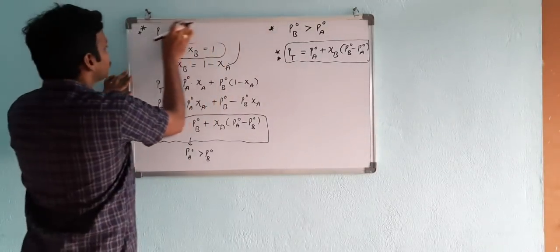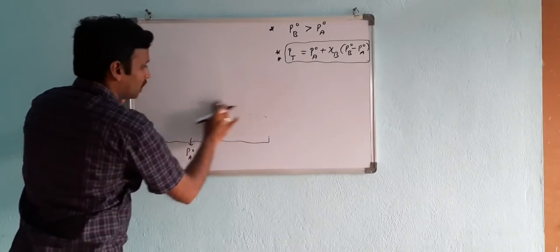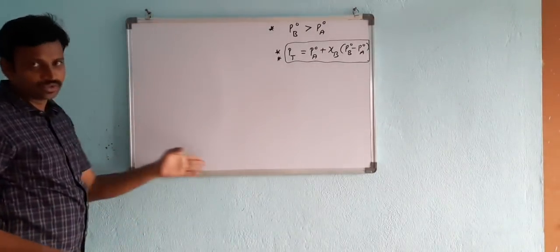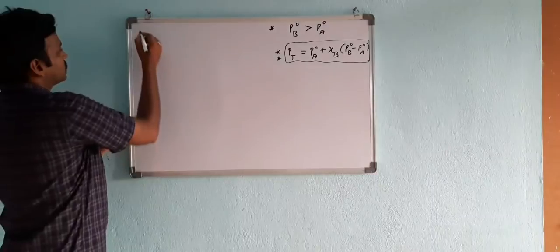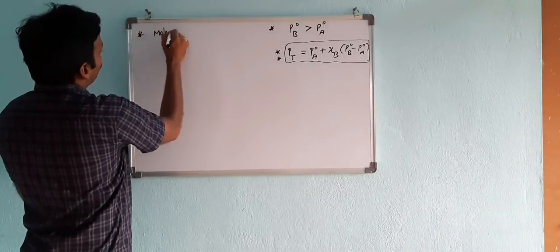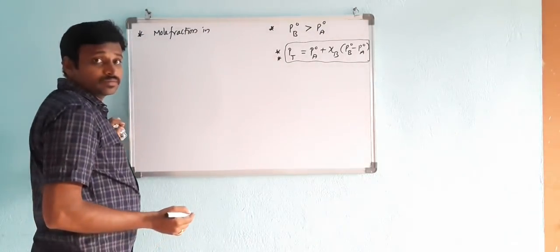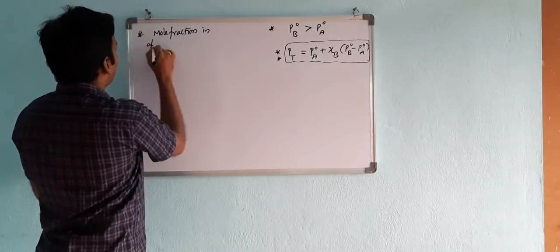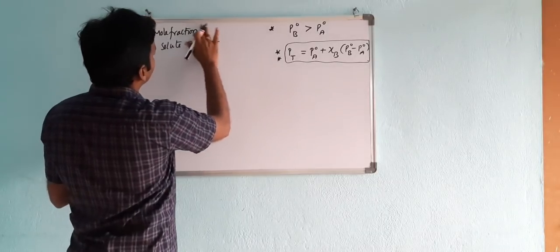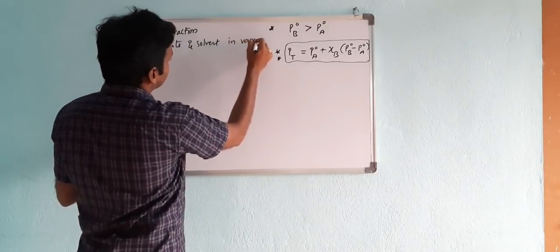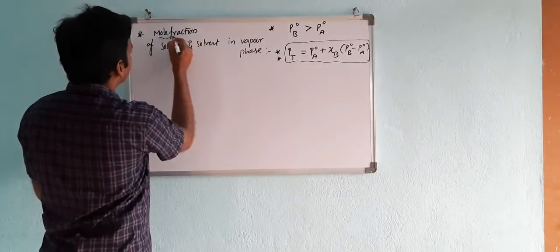Sir, in our numericals, for P total of that particular solution, you can take PA naught into xi A plus PB naught into xi B. But sir, if they are asking for the mole fraction of a particular solute and solvent in the vapor phase, then what to do?